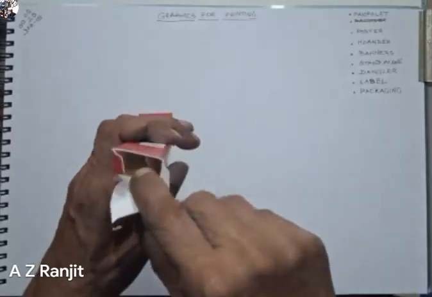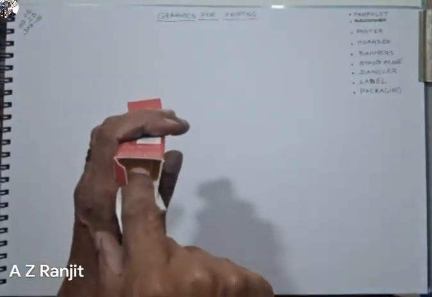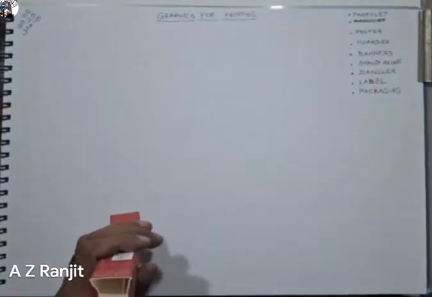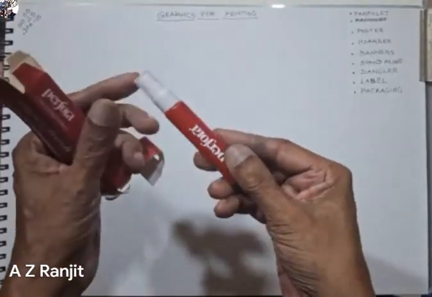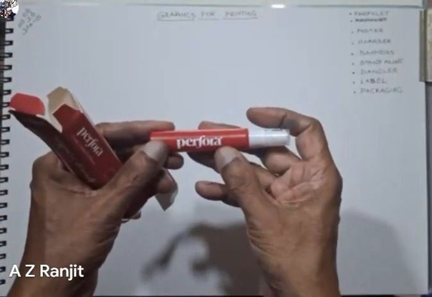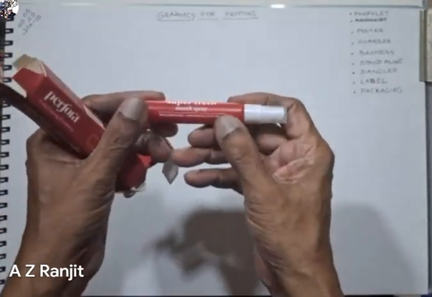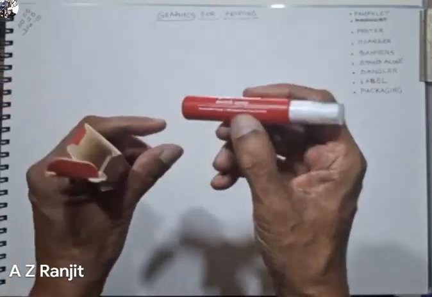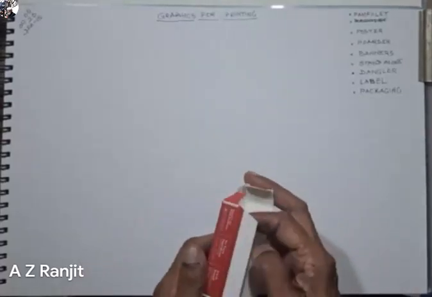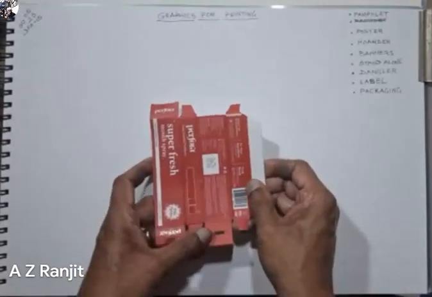There'll be a bigger compartment and a smaller compartment, so that this is a bottle. So that labeling is also done. Super fresh mouth spray. So small compartment for that. Generally, that won't be there. Everything will end here, like that.